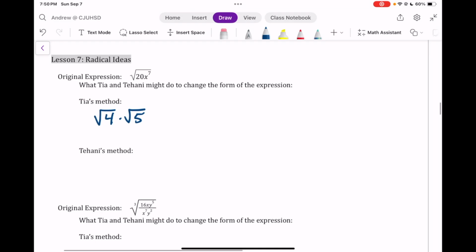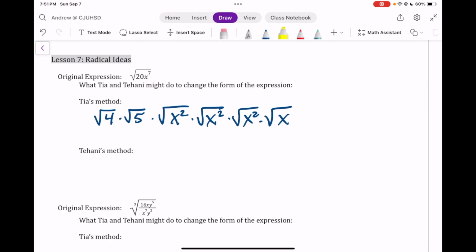So that would be the square root of x squared. There's 2. Another x squared. There's 4. Another x squared. There's 6. And then one more x is 7. See, this is x to the 7th originally. Count them up. 2, 4, 6, and one more makes 7.